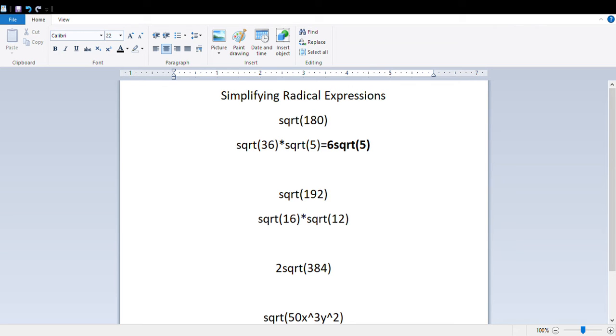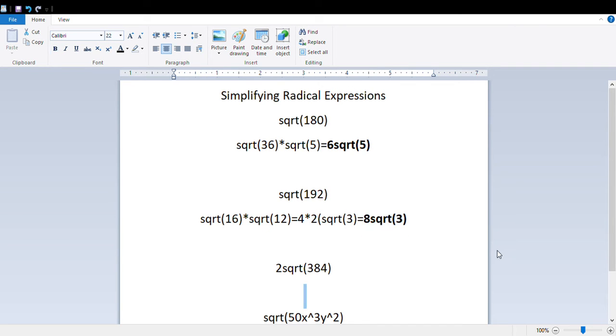The square root of 16 is obviously 4, times the square root of 12. From the square root of 12 you can go even further: that's the square root of 4 times the square root of 3. The square root of 4, like we said, is 2. So this will be 4 times 2 times the square root of 3. 4 times 2 is 8, so you'll have 8 square root of 3. This will be the answer, 8 square root of 3.